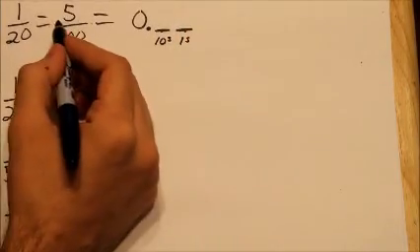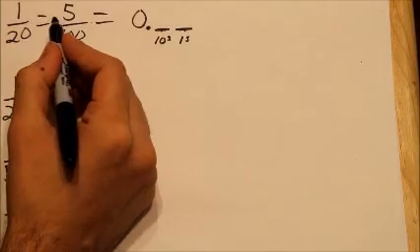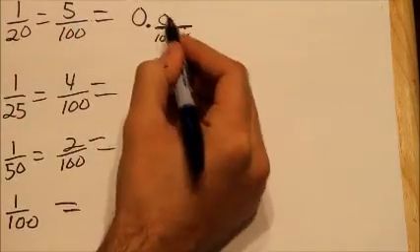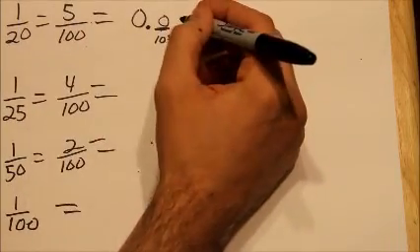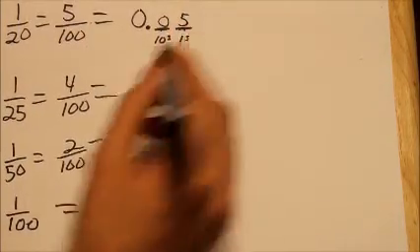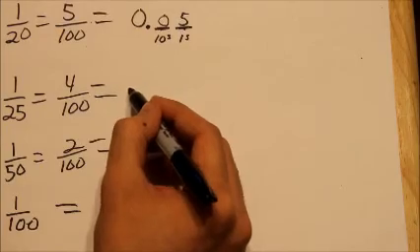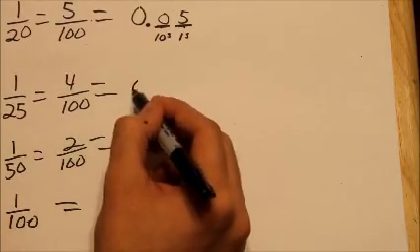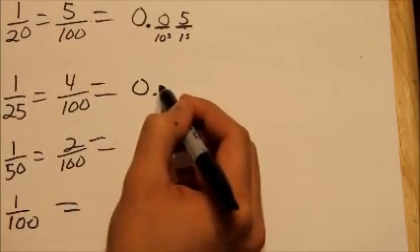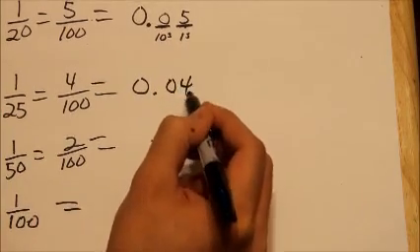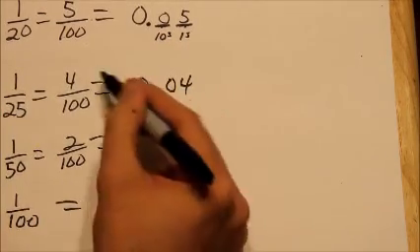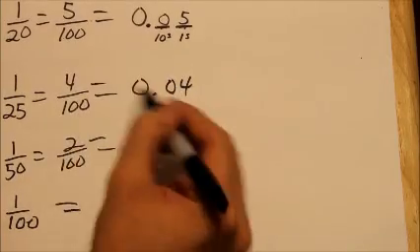So how many tens do we have in this numerator? We have 0 tens, and we have 5 ones. So we're going to write 0 and 5 hundredths. 4 hundredths. We're going to write 0 and 4 hundredths. 0 tens, 4 ones.